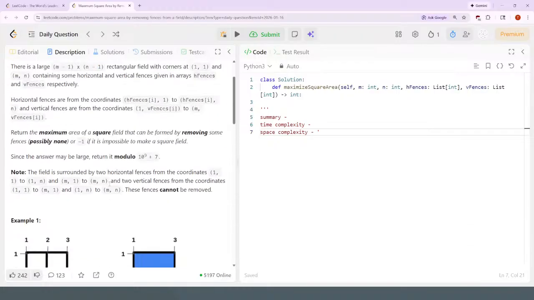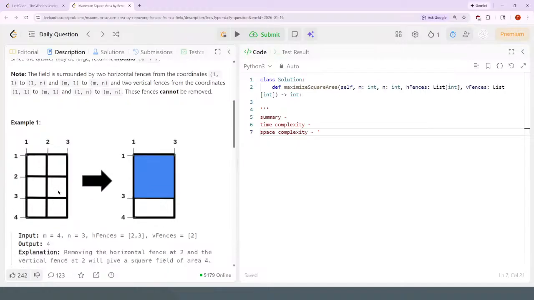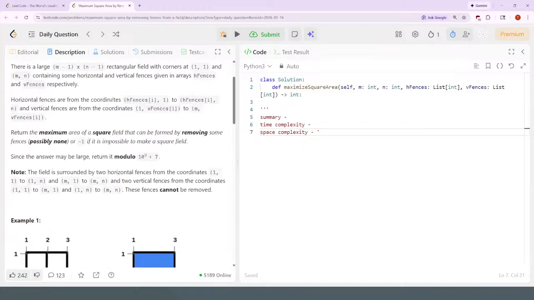I'm wondering what's the difference between yesterday's and today's. So here, m is 4 and n is 3. So 4 means there's 4 rows, 3 means there's 3 verticals, columns. hFences is 2, 3 means you can remove 2 and 3, right?